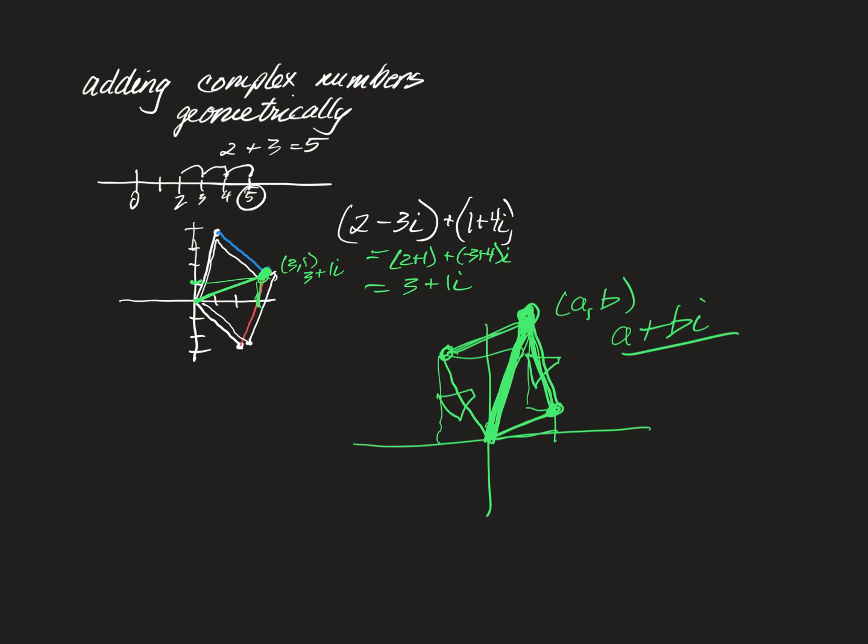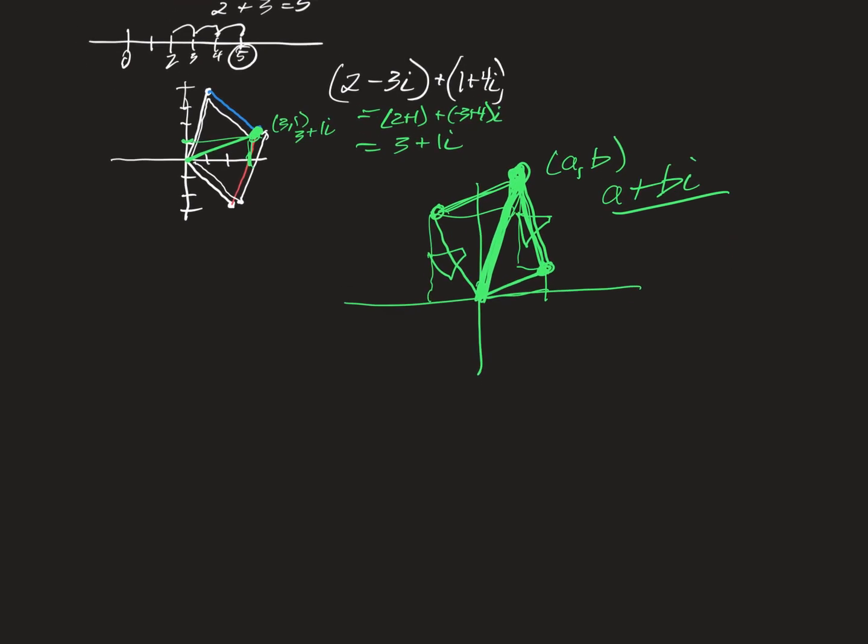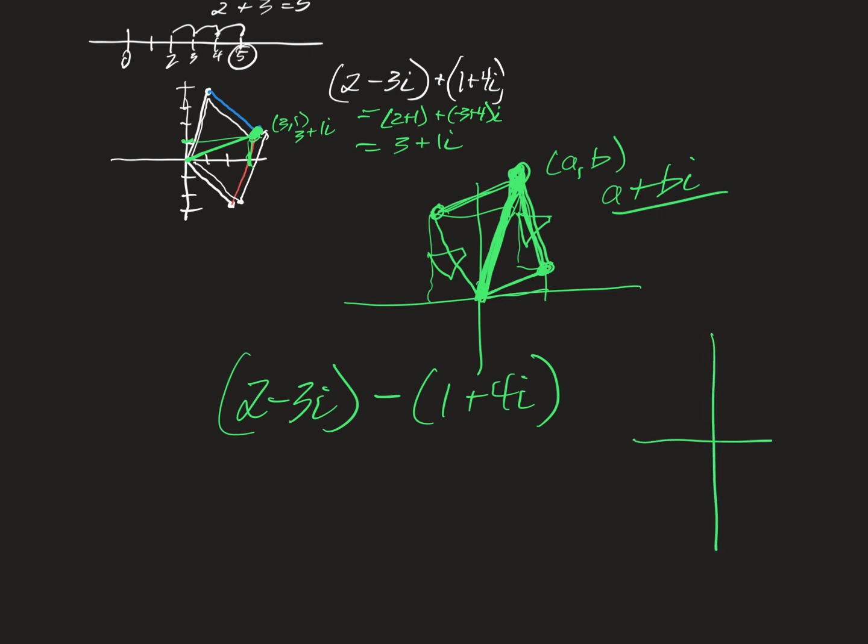Now, if you do subtraction, basically you add the opposite of the vector. So if I did 2 minus 3i and I subtracted 1 plus 4i, then essentially I'm going to have my 2 minus 3i, that vector, and then I'm going to add the opposite of this vector, which is negative 1 minus 4i.